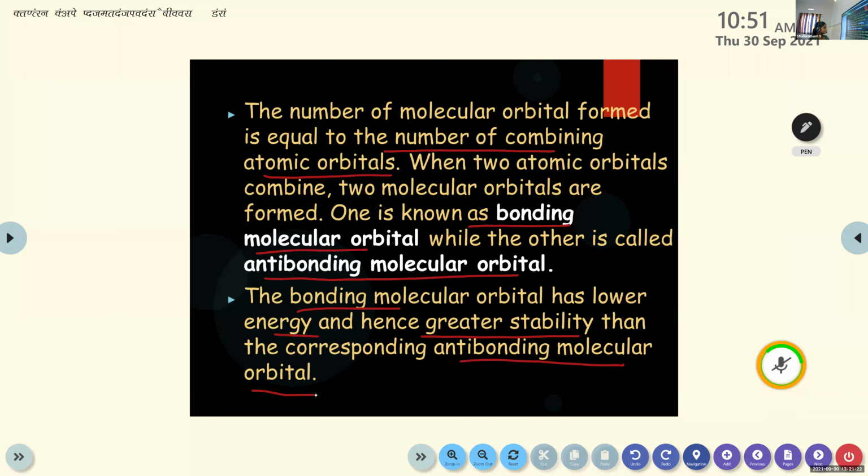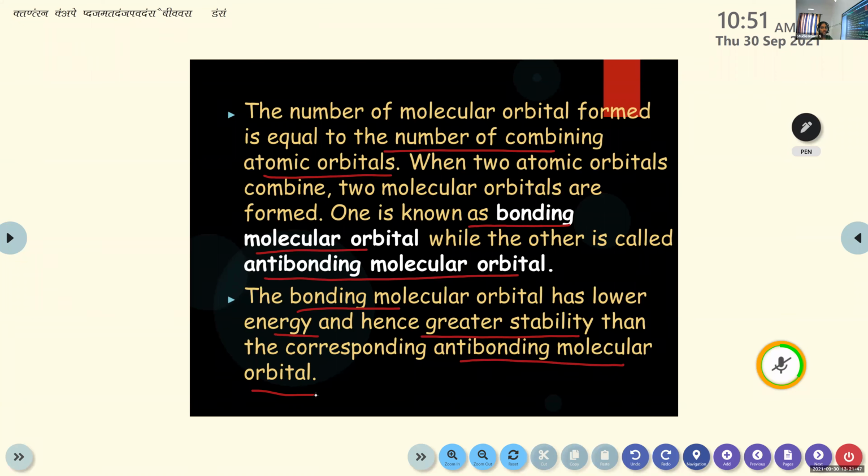The bonding molecular orbital has lower energy and hence greater stability than the corresponding anti-bonding molecular orbital. Okay. So children, have you completed these two points? No, ma'am. Okay, you can finish it.